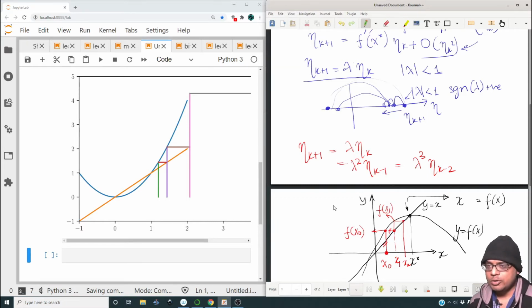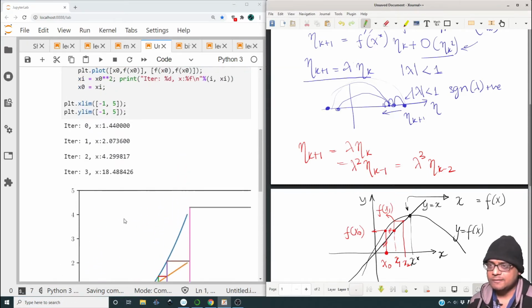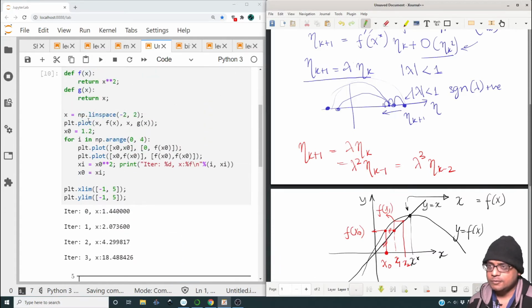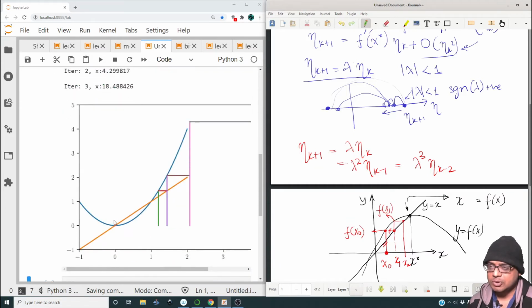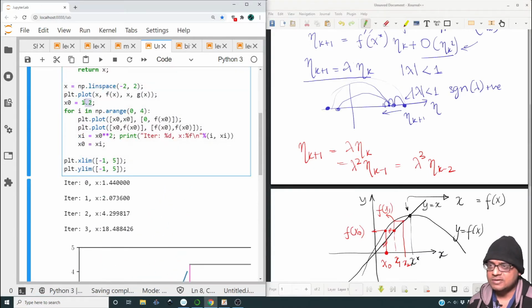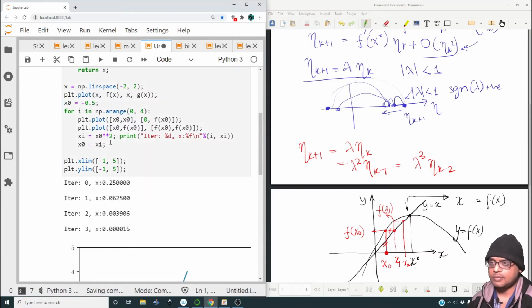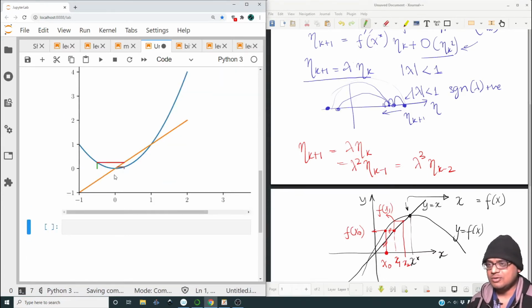Whereas if you take a lower value of the root, it will appear to converge. So if we focus on this particular fixed point, let me take a guess as minus 0.5, we will see that it converges to the other fixed point. But the other fixed point is not that interesting because it's a trivial sort of fixed point.